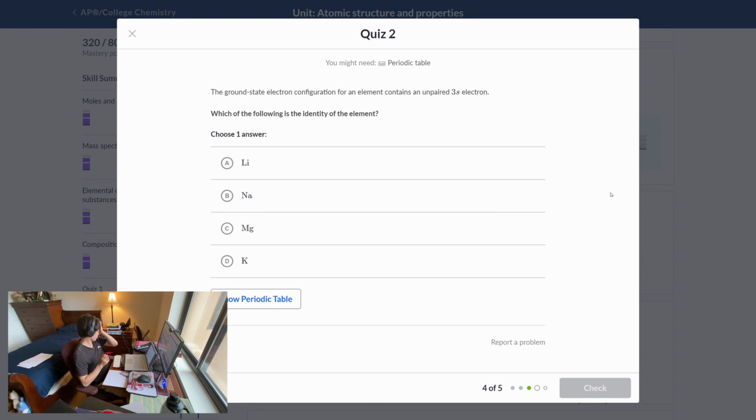Wait, your electron orbitals are like S. So you got S1 and S2. And you got P. P1, P2, and like P3 or something. So 3s, which means you've got 3 in your first shell.